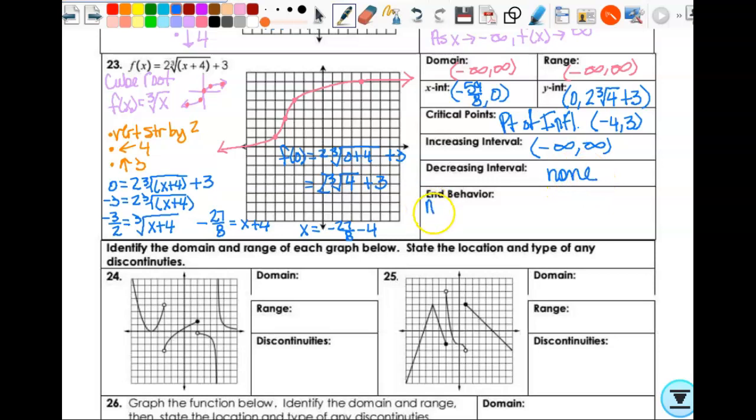And then I say, as x approaches infinity, f of x approaches infinity, because as x gets bigger and bigger, so does y. As x approaches negative infinity, f of x approaches negative infinity, because as x gets smaller and smaller, so does y.